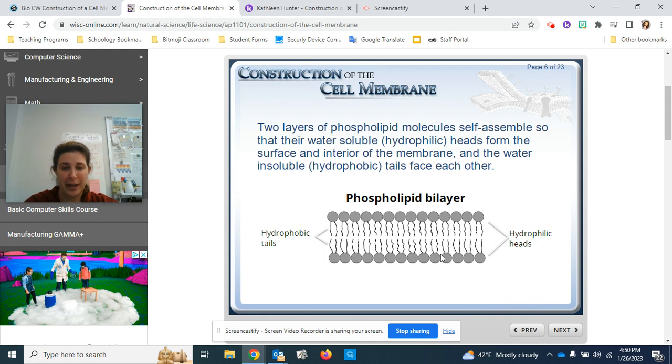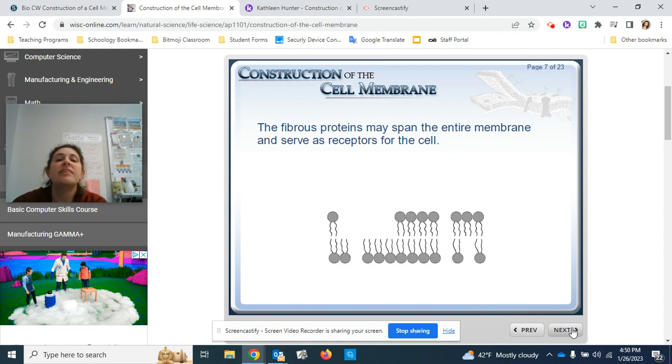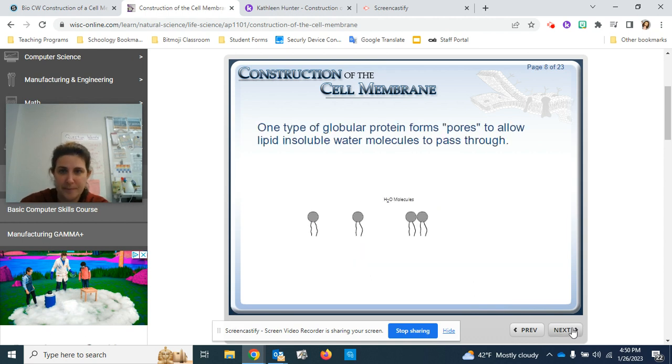The top layer and the bottom layer, if you want to think about it like that, I like to think the outside and the inside because these go all the way around the outside of the cell, because the cell is really a sphere. Inside or in between those phospholipids are going to be proteins just stuck in there so they can all do their different jobs.